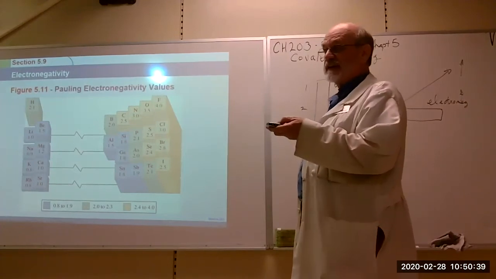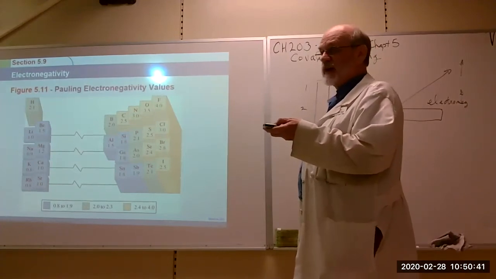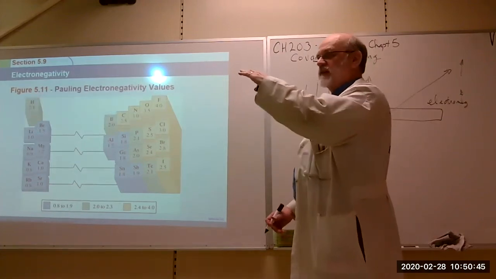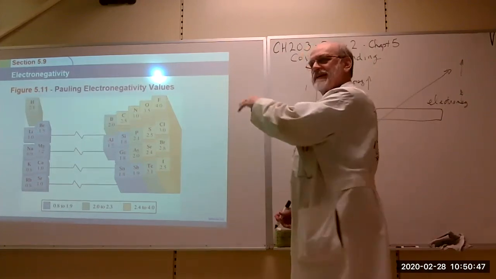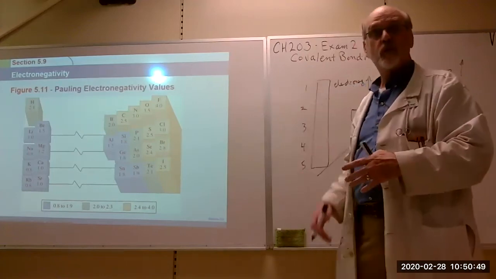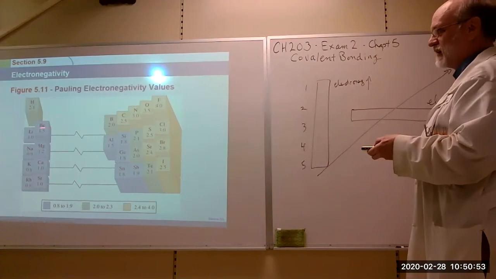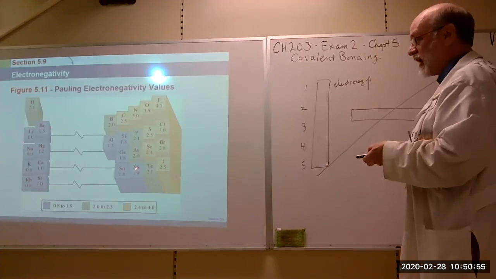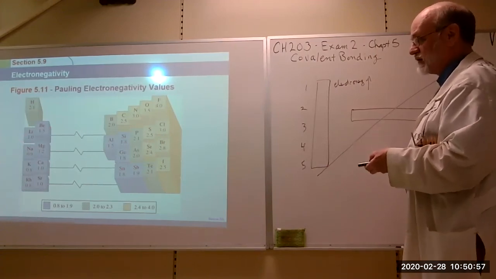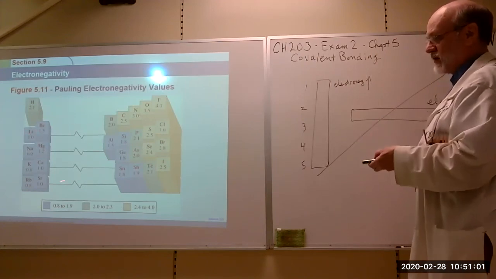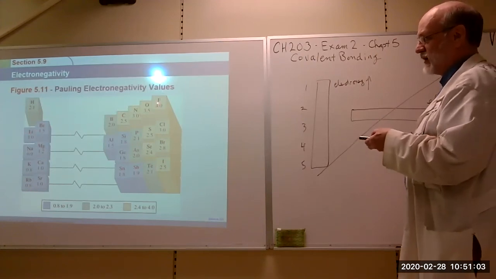Once you start getting into the transition metals, then things sort of go like this, and then they go like that, and then they go back up like that. So it's not as pretty a story. So the trend, from bottom to top, you have an increasing electronegativity. From left to right, you have an increase in electronegativity. So low down here, high up here.